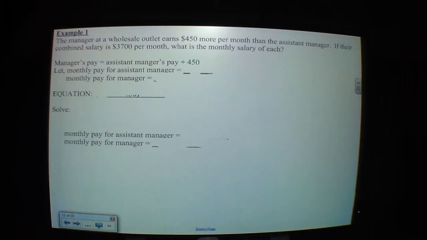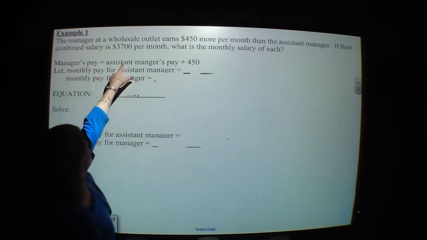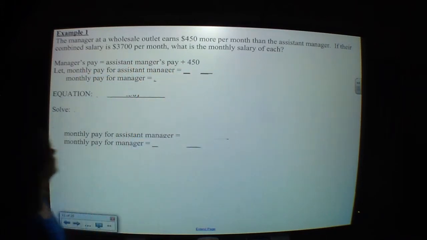First example in the applications, the manager at a wholesale outlet earns $450 more per month than the assistant manager. If their combined salary is $3,700 per month, what is the monthly salary of each? So it says the manager's pay is $450 more than the assistant manager. So manager's pay is the assistant manager plus $450.